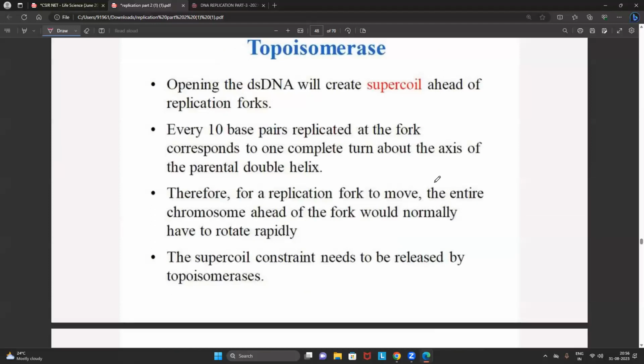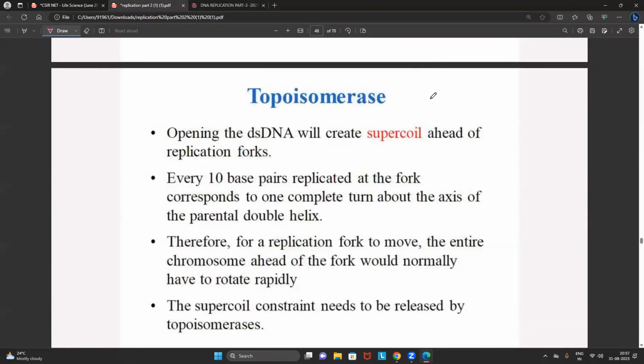Now the most unique enzyme. From this enzyme also, friends, there is a possibility that you can get very different types of questions. Listen, every student, just now I told you very clearly, right? Helicase is opening the double-stranded DNA at 1000 base pairs per second.